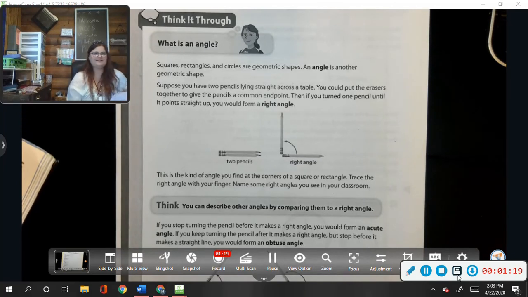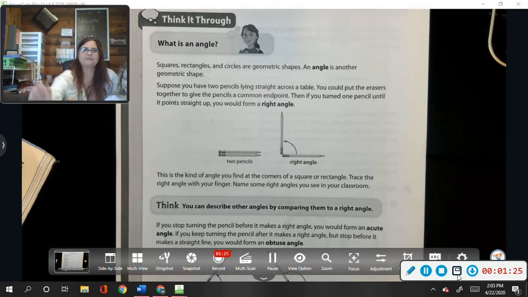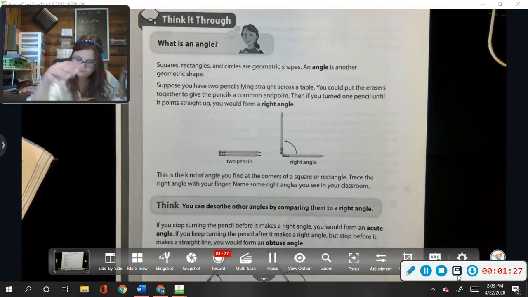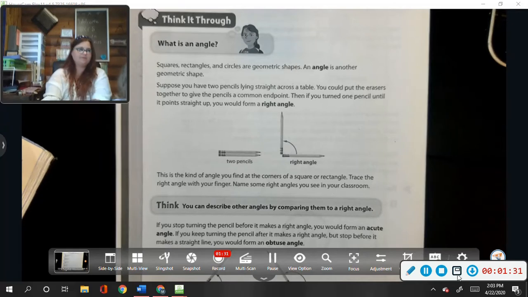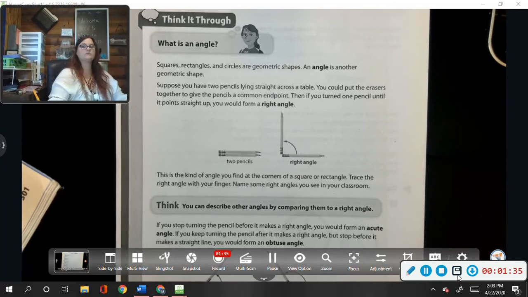What are you doing? Alright. Nope, nope, nope. You don't get to draw with Mama stuff. Alright, thank you. Go on. Apparently, my cat is in here.